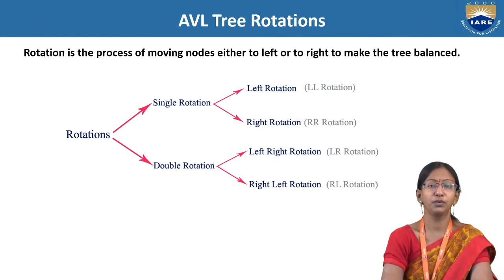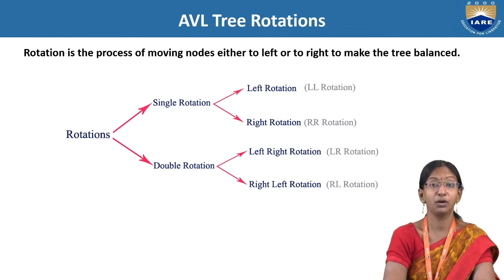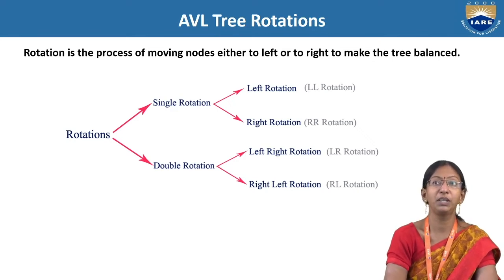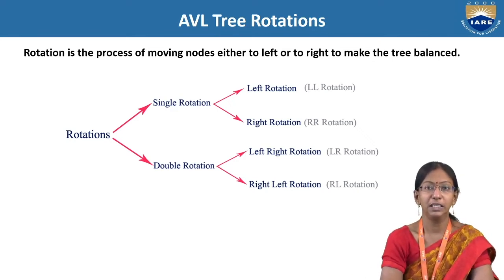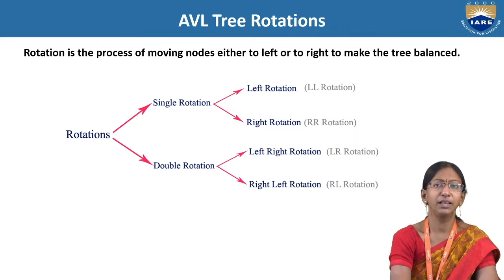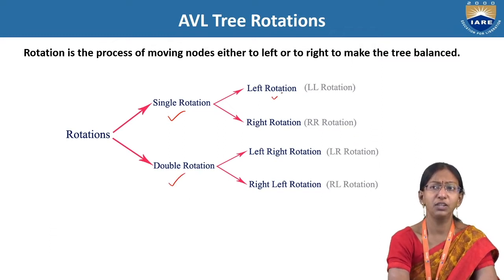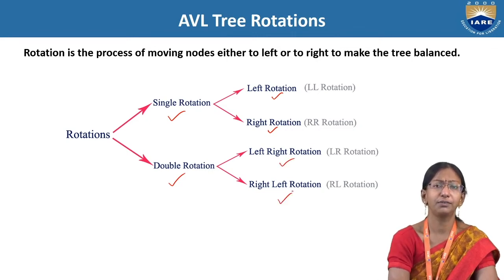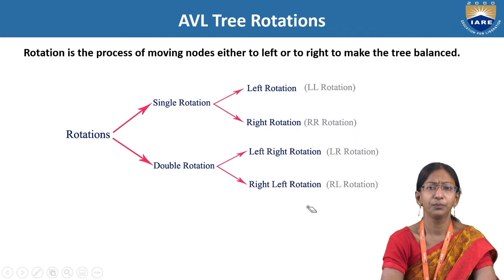Rotation is the process of moving the nodes, either left or right, to bring it back to the property of AVL trees. Basically we have 2 types of rotations, single rotation and double rotation. Single rotation has left rotation and right rotation, whereas double rotation has left-right and right-left. So these are the 4 kinds of rotations that we have.